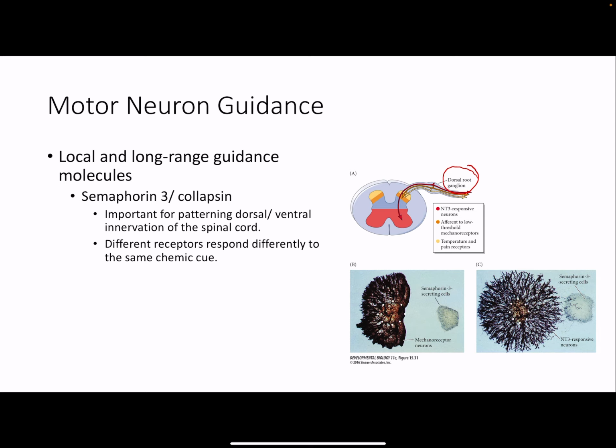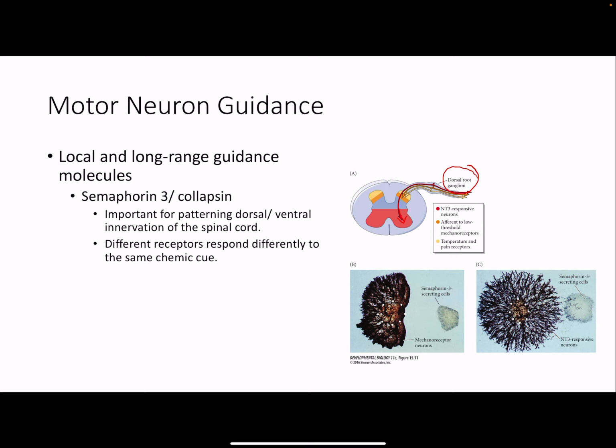So neurons that are responsive to NT3, meaning that NT3 is an attractive cue, these are semaphorin responsive neurons. They will move down and go here into the ventral portion of the spinal cord.